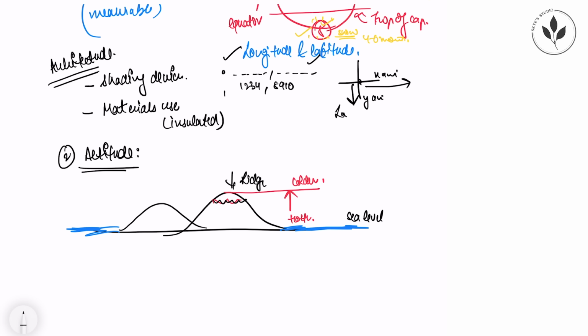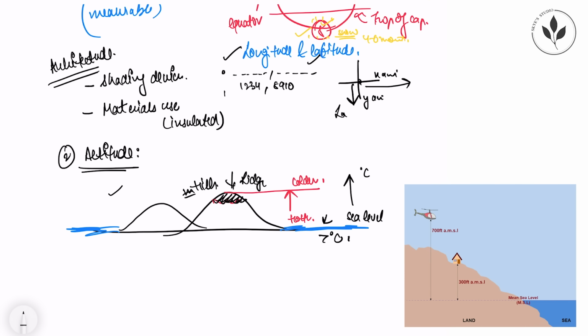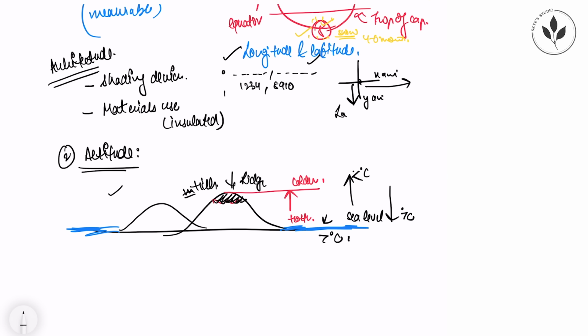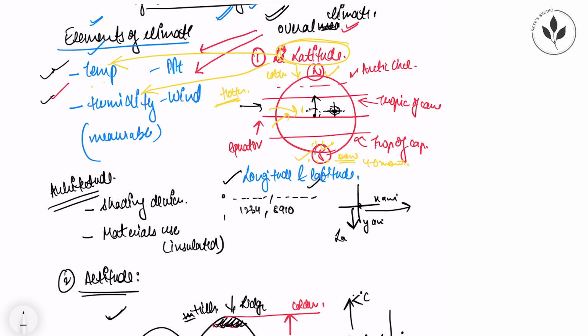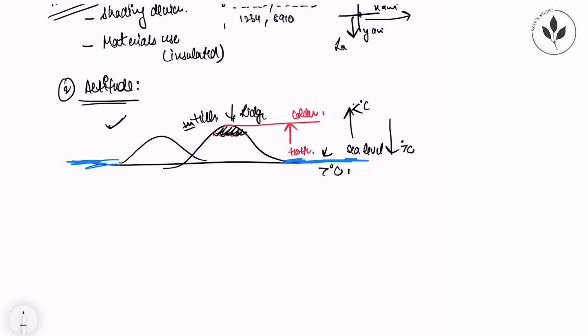That is why we have snow on the top of the mountains, on the top of the hills. It means the temperature is less here and the temperature is more here. So with altitude, temperature drops as we go up, and as we go down, the temperature starts rising. That's the impact of altitude on the temperature. Again, altitude is directly affecting the temperature of the place.